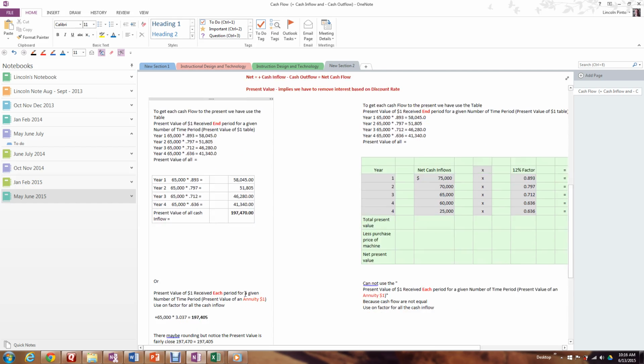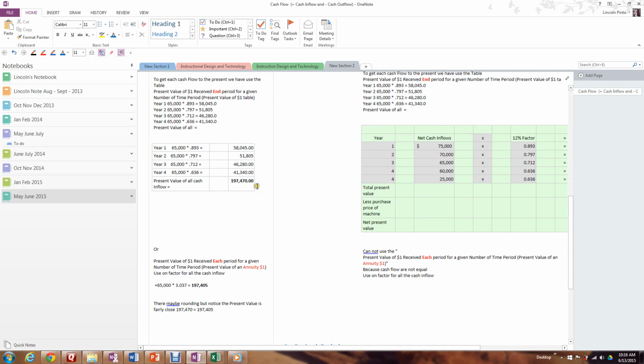Well, an alternative way of getting this same amount, instead of using all of these different factors, is to use the annuity table, or the present value of $1 received each period for a given number of periods, which is basically on page 590, table 2 in the textbook. The above table is table 1 in the textbook, and the one at the bottom is table 2.